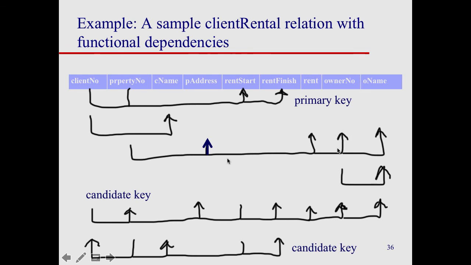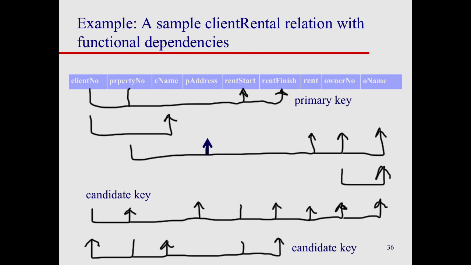I guess you could say the property number determines the owner number, which in turn determines the owner name. But together, client number and property number uniquely determine all the attributes, and therefore they can be a primary key. Yes? So we're having to assume that the same client never rents the same property at a different time.